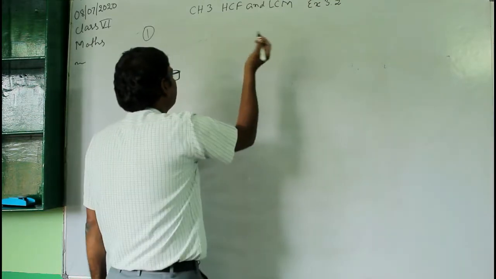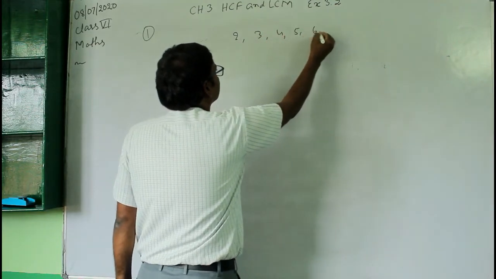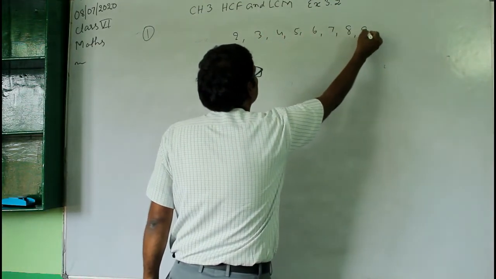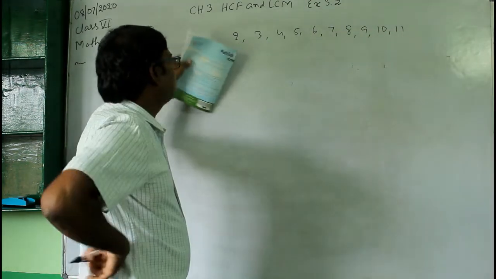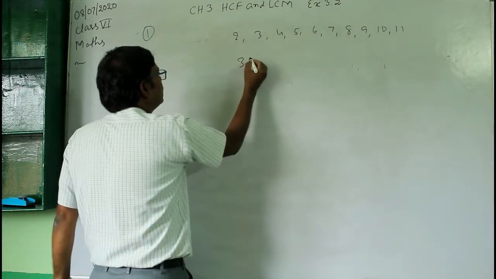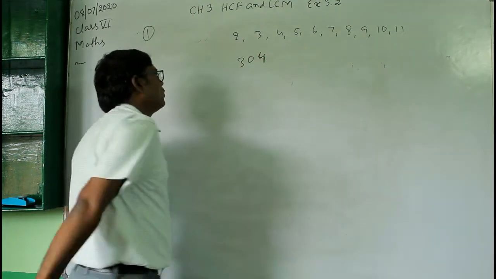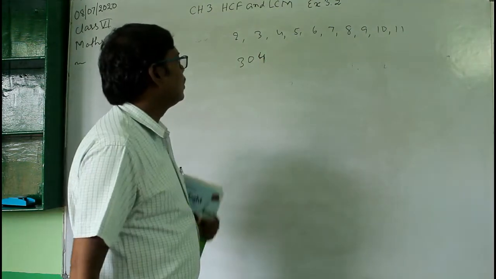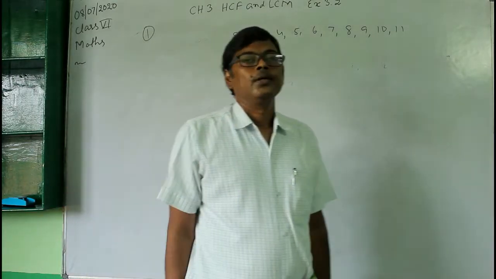Okay, the tests of divisibility by 2, then 3, 4, 5, 6, 7, 8, 9, 10 and 11. Now first is the number 2. Suppose you are given this number 304. How will you determine whether this number is divisible by 2 without division?